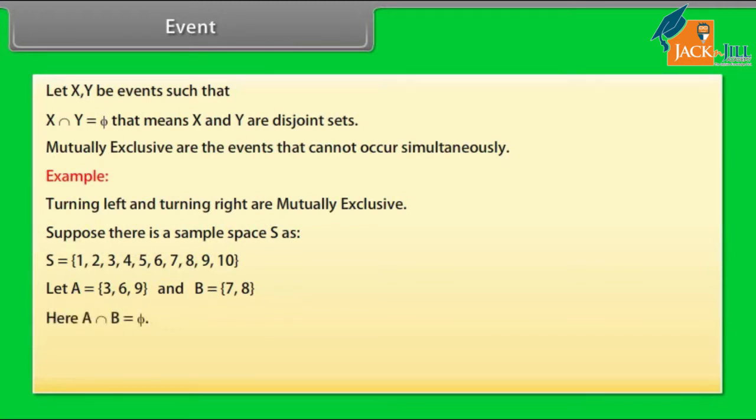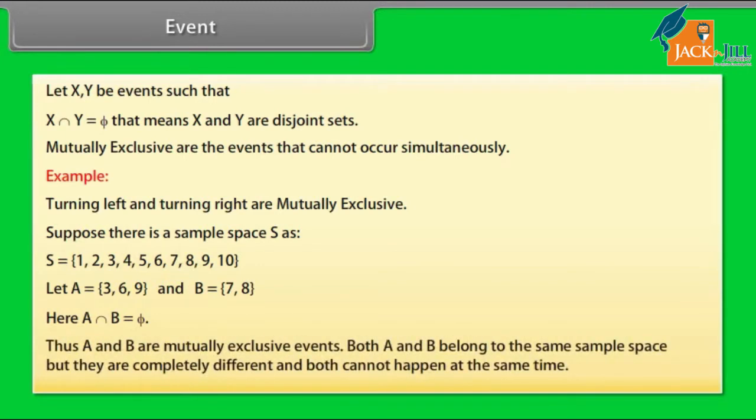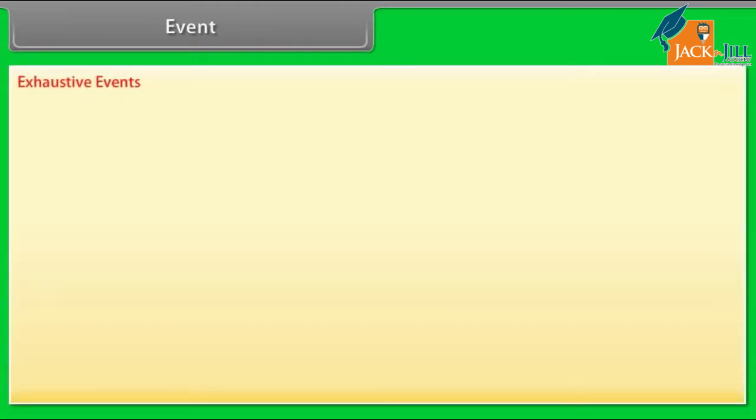Here, A intersection B is equal to phi. Thus, A and B are mutually exclusive events. Both A and B belong to the same sample space, but they are completely different and both cannot happen at the same time.